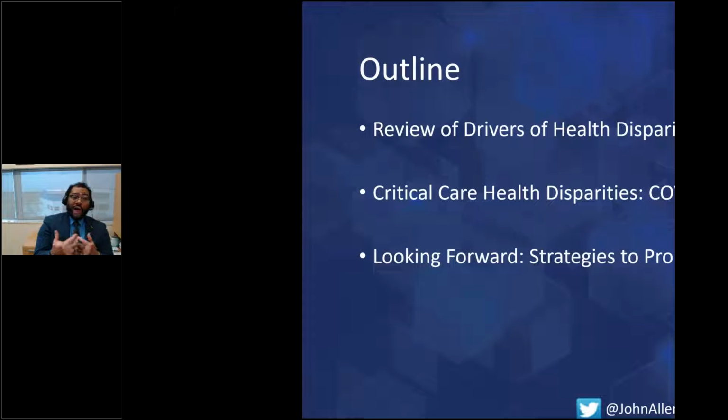How we will achieve that is by providing an overview of drivers of health disparities. We'll then spend some time specifically looking at critical care health disparities, looking at it through the lens of COVID, but also looking beyond COVID to understand what disparities are present. And then we'll be closing with a more forward-looking strategy to identify ways that we can promote health equity.